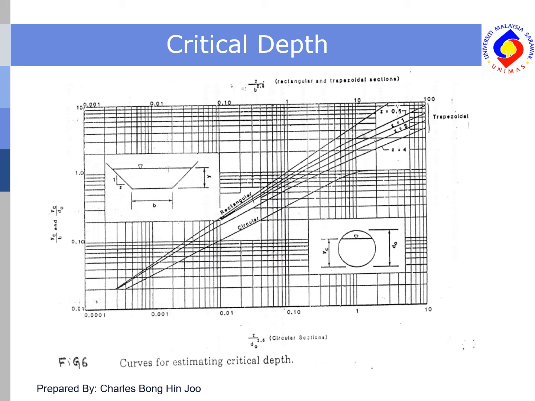The value that you get on the y-axis will give you yc divided by b, which is the width of the channel. So if you want to get the critical depth, which is the yc, whatever value that you get from the y-axis, you need to multiply it with the width of the channel. Only then you can get the critical depth.